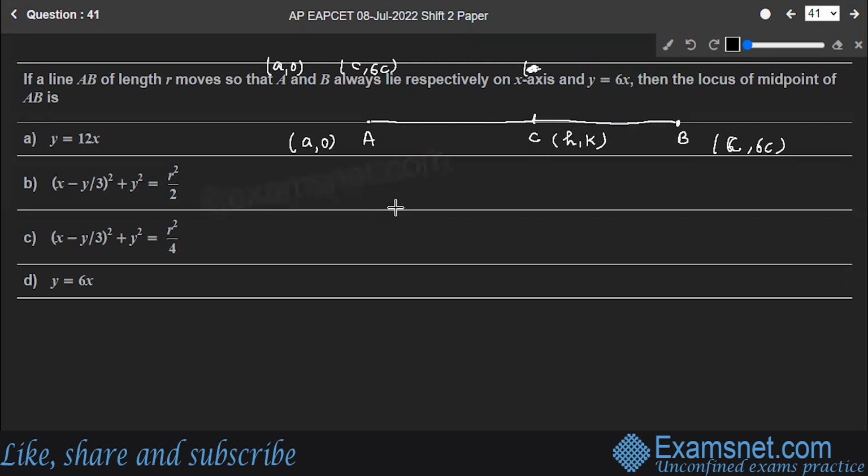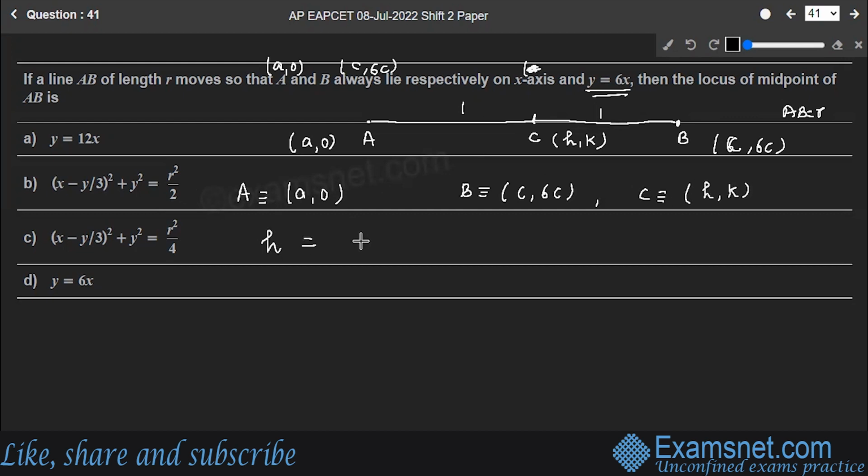You are given that y = 6x for this point B, so it lies on this line, and AB is equal to R. Now C is the midpoint, which means it's dividing AB in the ratio 1:1. A is (a, 0), B is (c, 6c), and C is (h, k).